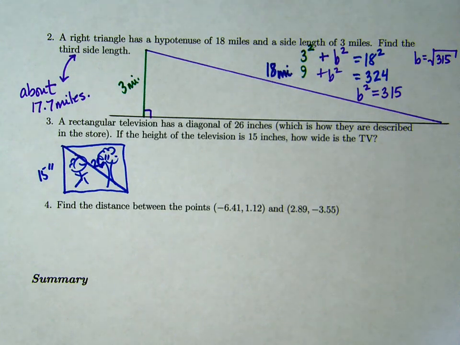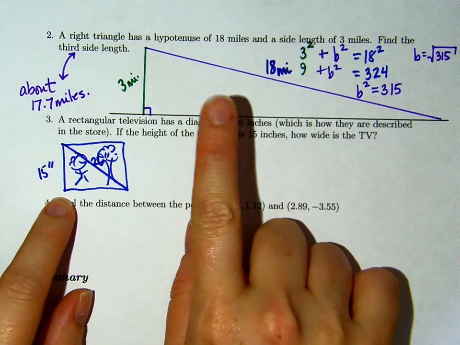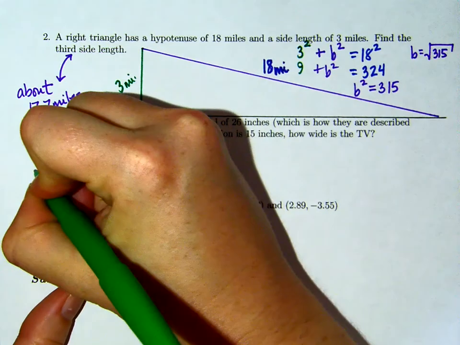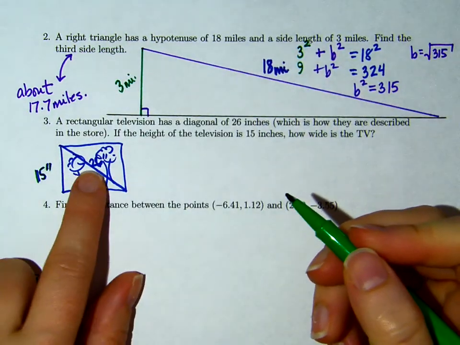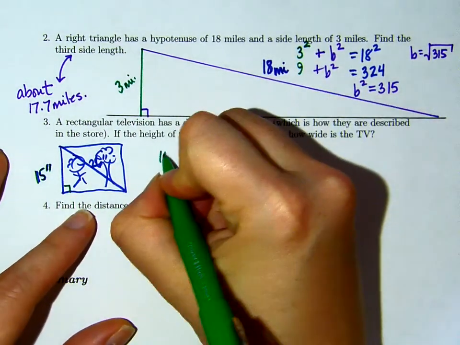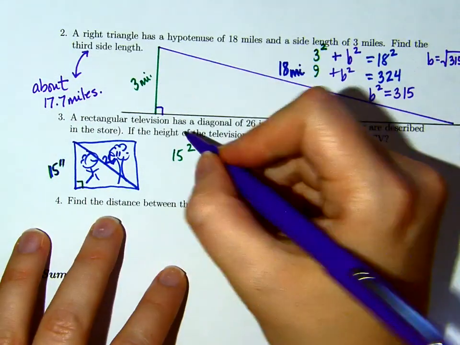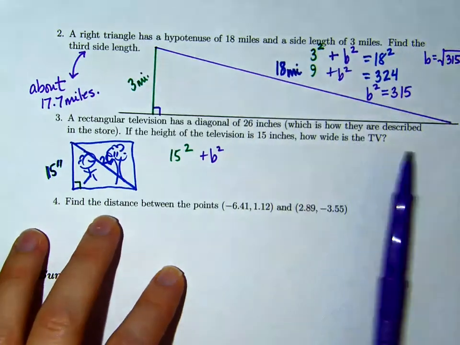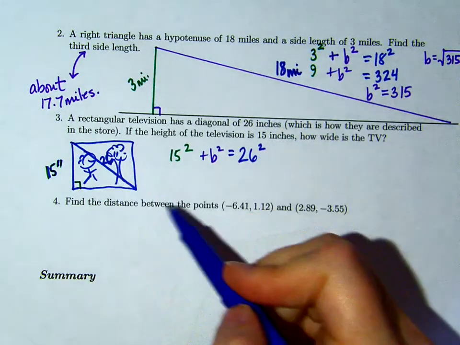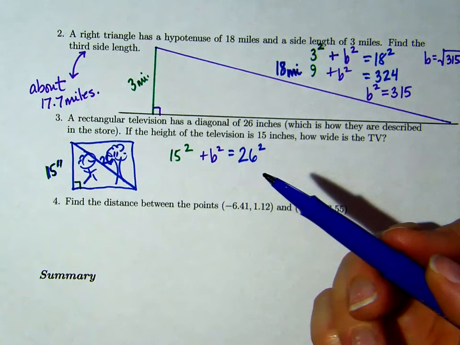Okay, we got this. I feel like this is very similar to this situation where we are given this 15, which is actually one of the shorter side lengths, and 26 is the longest side length. So 15 squared plus b squared is equal to 26 squared, because that's the diagonal, which is also the hypotenuse here.